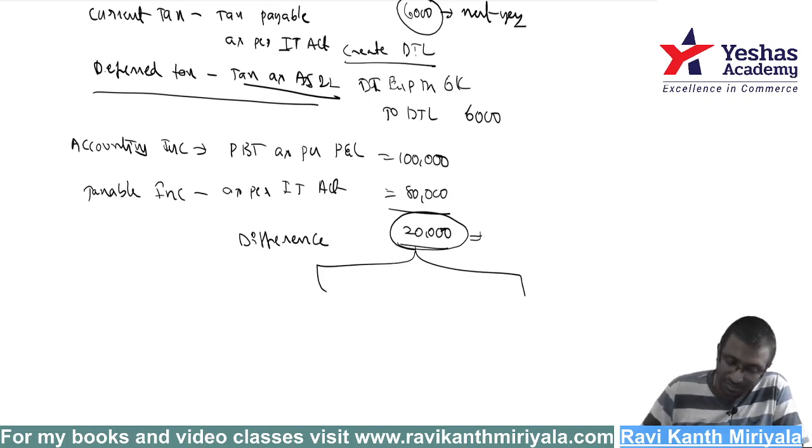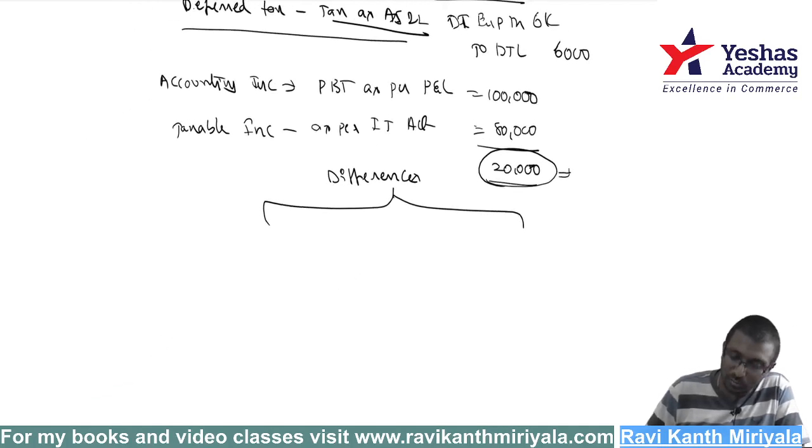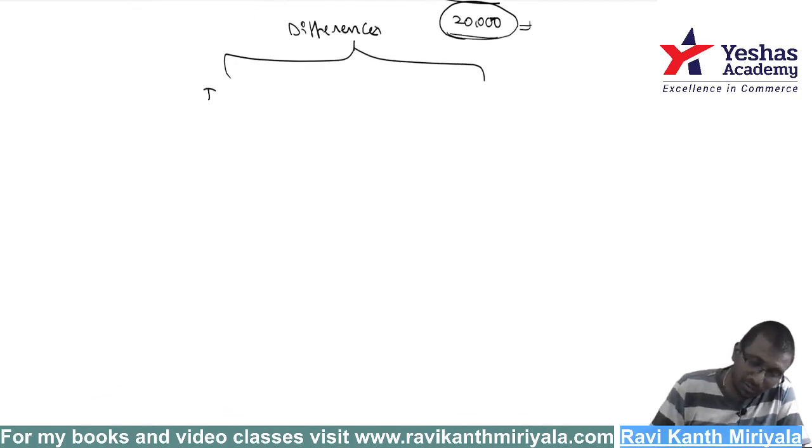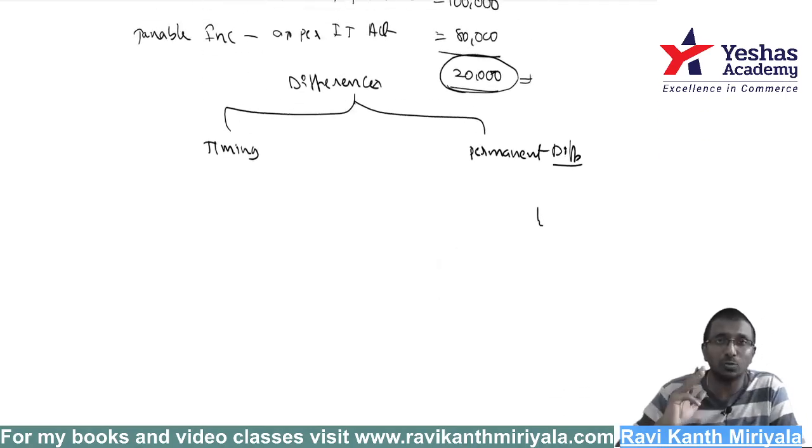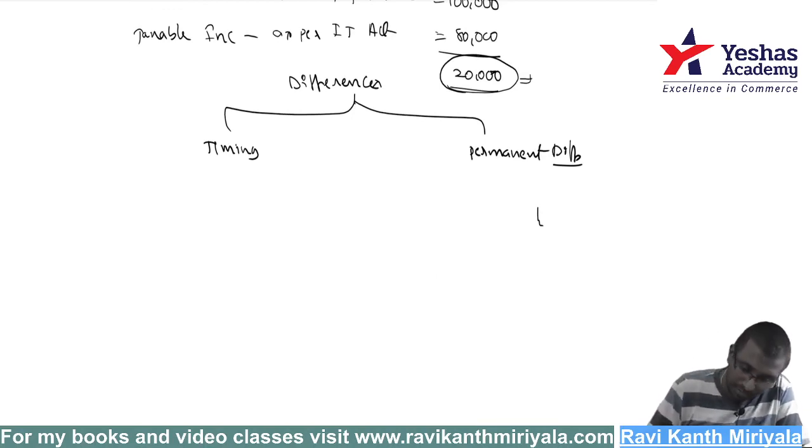Now, what do we record for these differences? The first one is timing difference. The next one is permanent difference. Listen carefully.